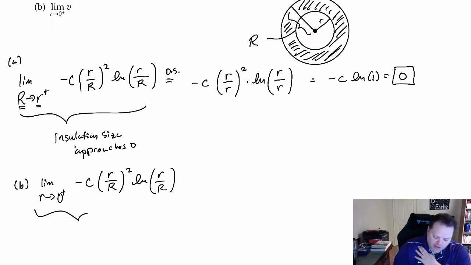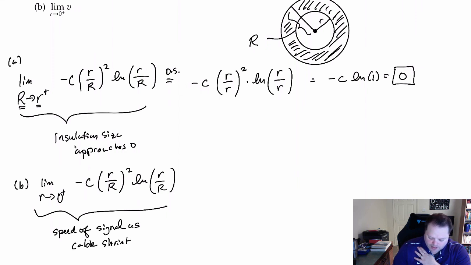So we're looking here at the speed of the signal as the cable shrinks in radius. And here this is the speed of the signal as the insulation shrinks to 0.